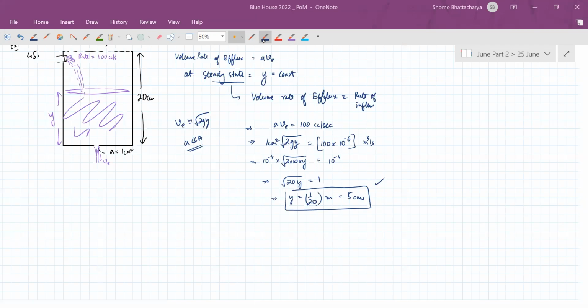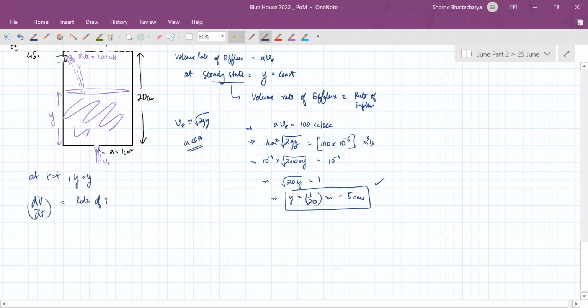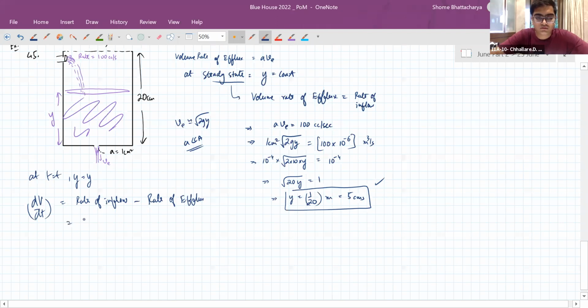To do that, we assume at some time t the instantaneous level of water is y. So the rate of change of volume of water in the tank will be equal to the rate of inflow minus the rate of efflux.